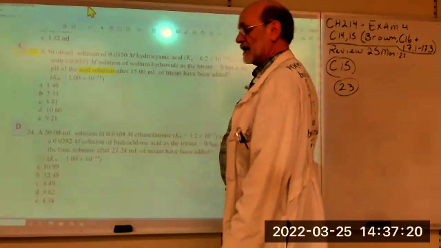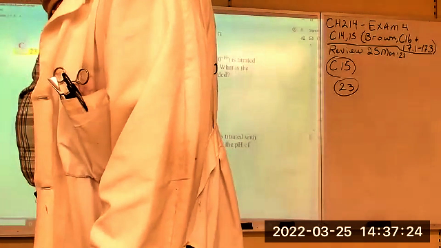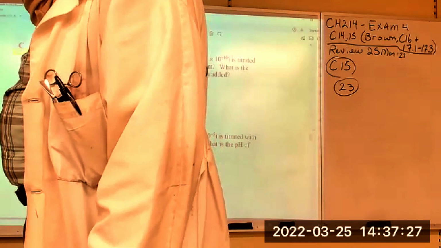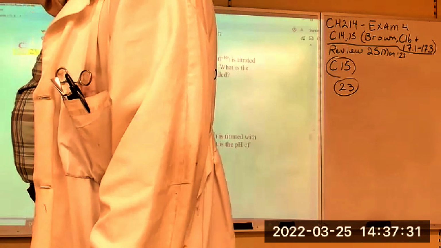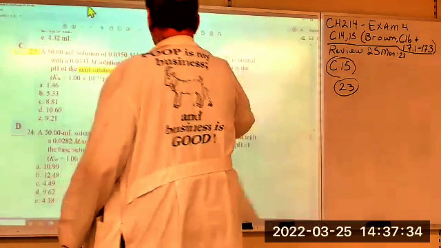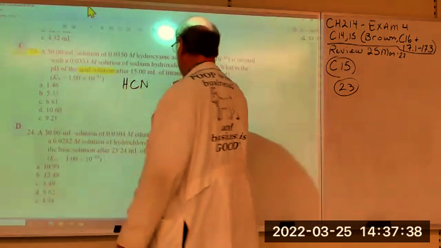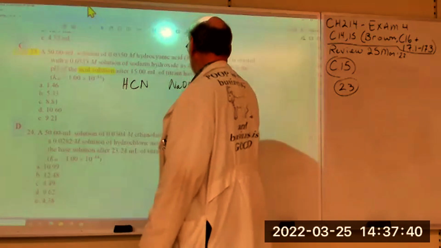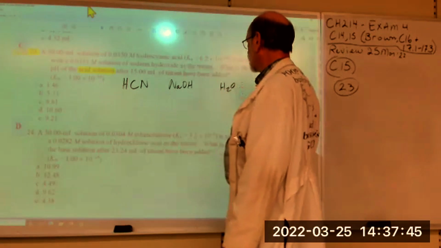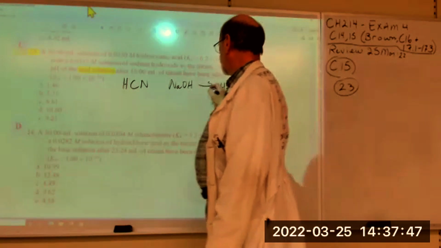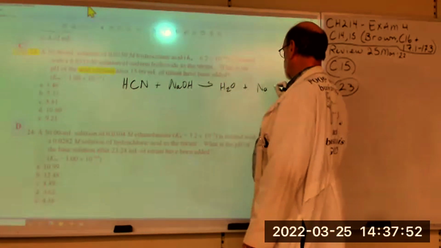So the stoichiometry is going to be, refresh my memory. We've got hydrocyanic acid, and then we've got sodium hydroxide, and it's going to produce water plus sodium cyanide.